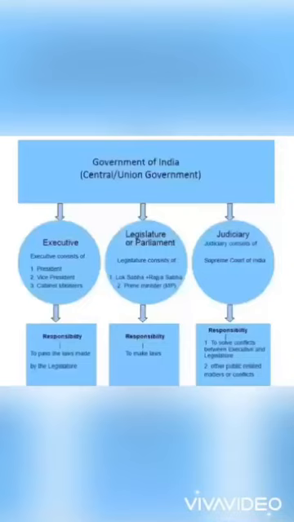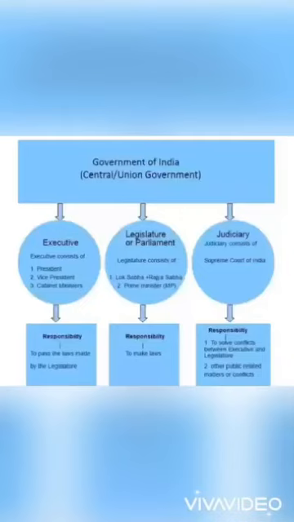But the Union Parliament and the State Legislature, both of them can make laws from the concurrent list. But remember, if a law of similar nature is passed by the Union Parliament and the State Legislature from the concurrent list, then the law made by the Union Parliament shall prevail.